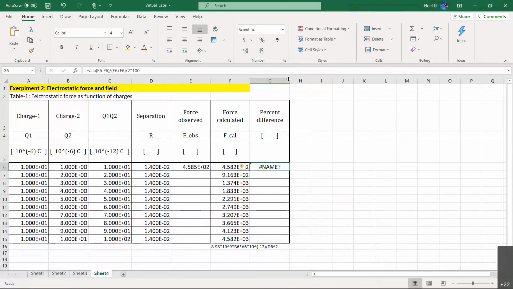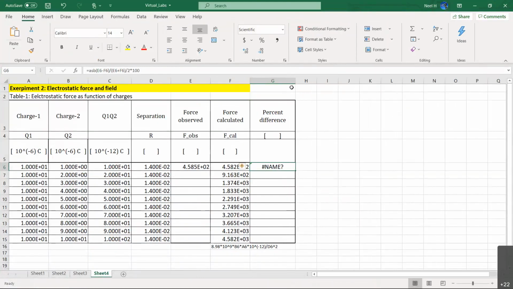Let me take a look why it's not showing the number. Maybe I need another parenthesis here. Okay, so let me copy paste that function.